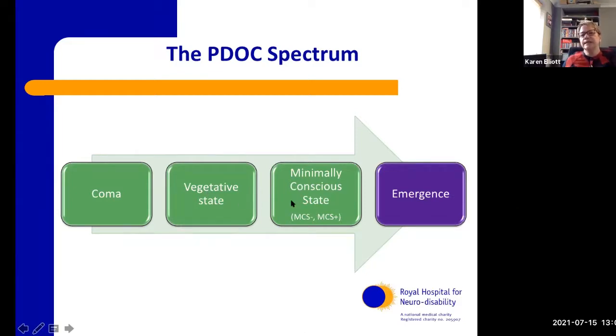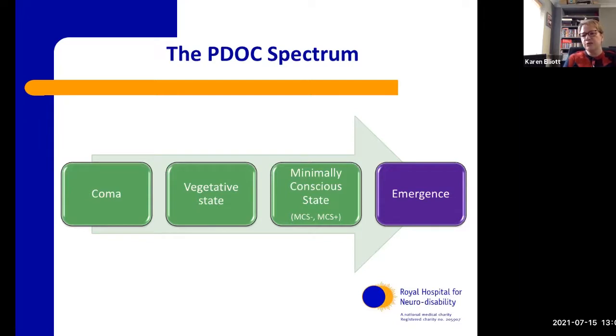Minimally conscious state is somebody that has an awareness of themselves or the environment, but it's intermittent awareness. And Bruno in 2009 identified that this is a huge diagnosis, minimally conscious state, and it needs to be considered in terms of 2 subdivisions.